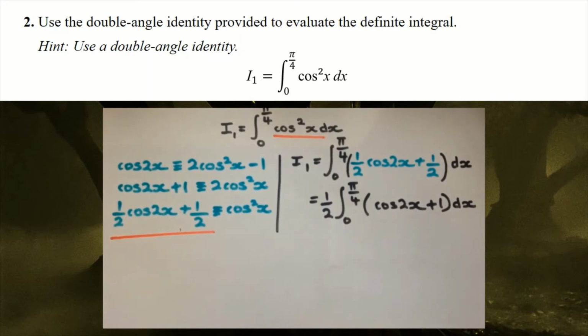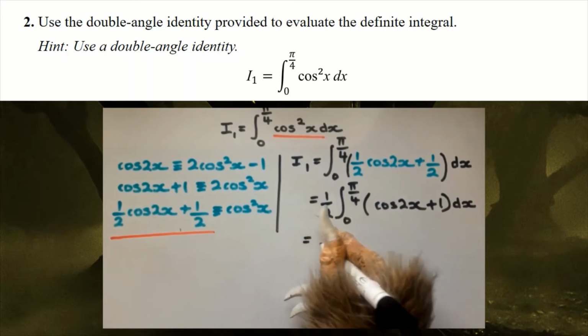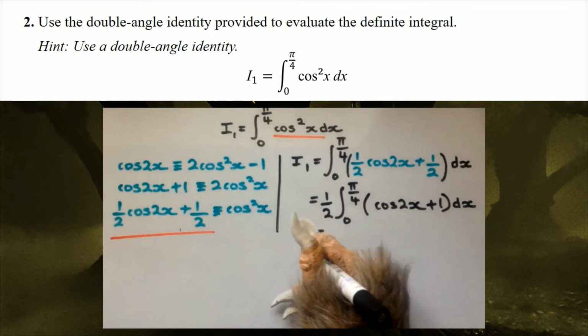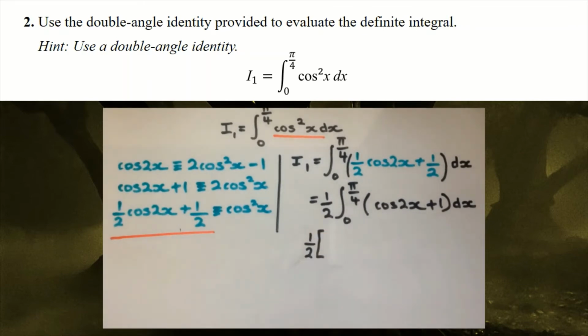Great stuff. Now we can carry out the integration. So this is going to be equal to, open a big square bracket now, and before I forget, what I should have done is put the half at the front. My apologies. So 1/2 at the front because I factored it out, so I need to have it multiplying my integrated expression.